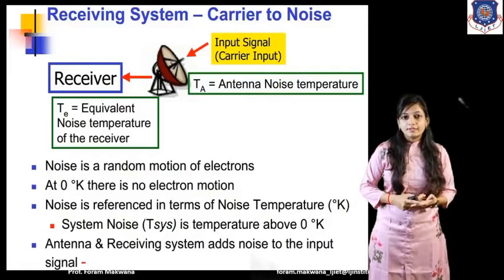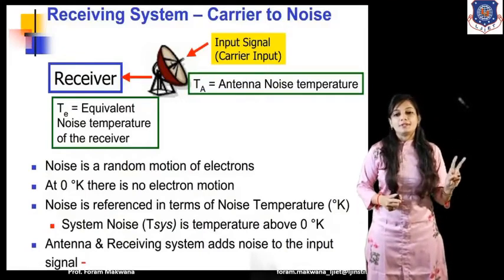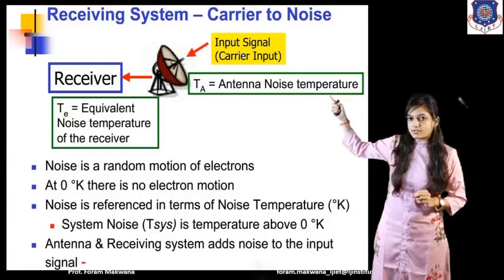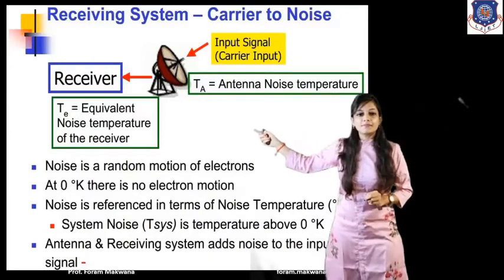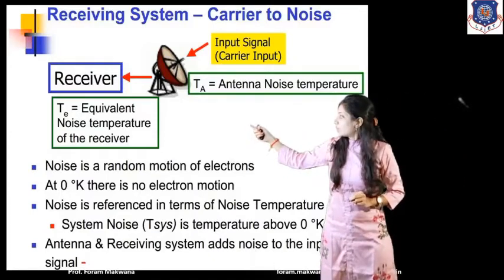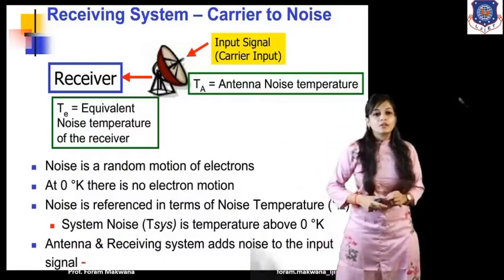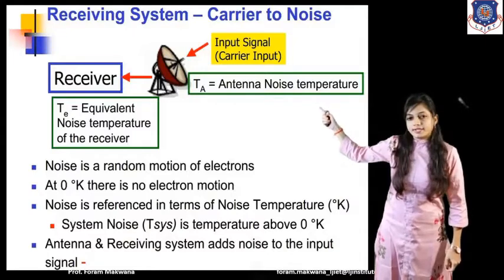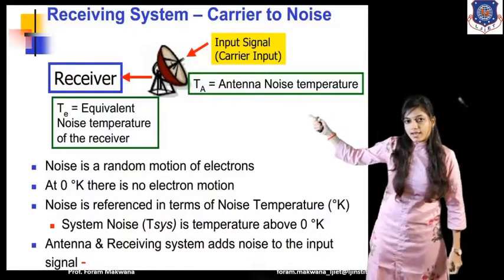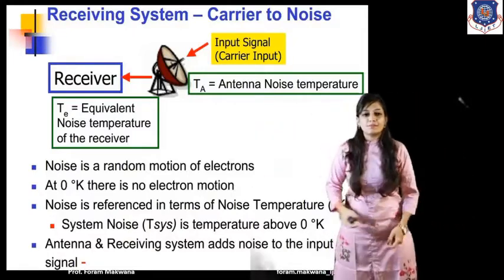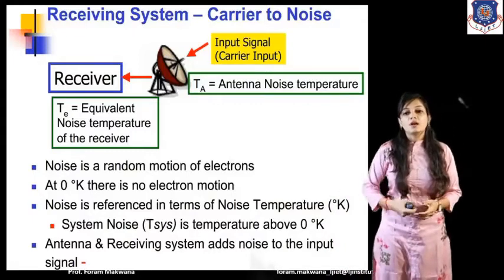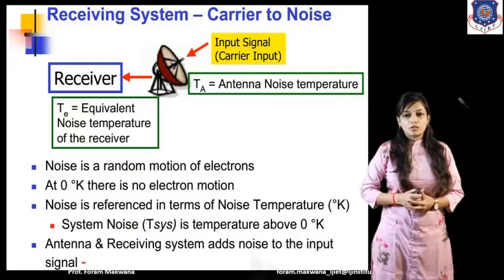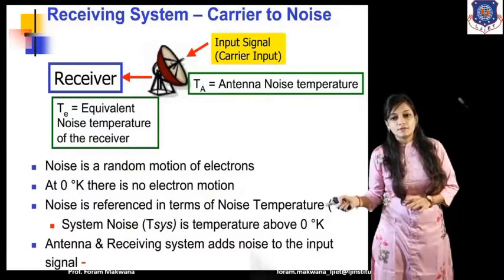But for that, we need to consider two parameters. The first one is the antenna noise temperature, that is TA, and the second one is TE, the equivalent noise temperature. These two quantities, TA and the equivalent noise temperature of the receiver, will allow us to calculate the carrier to noise power for the receiver.